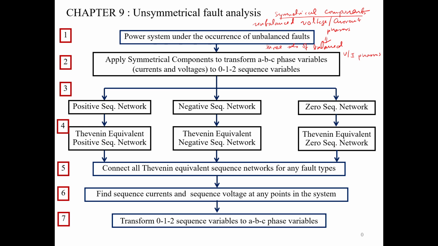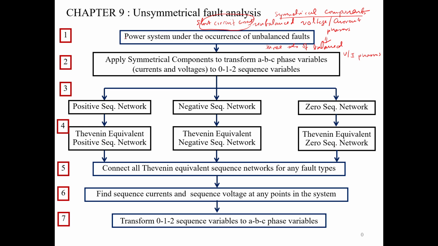For unsymmetrical fault, the probability of occurrence is higher than symmetrical fault. So we have to be able to calculate the unsymmetrical short circuit current, or fault current. This is our objective. We want to find the short circuit current.